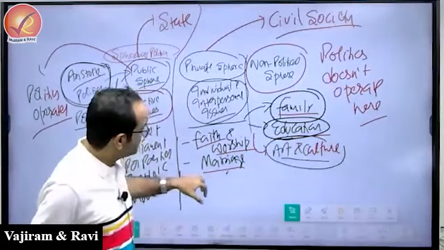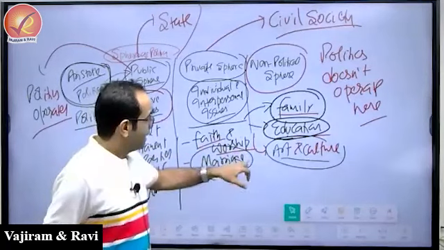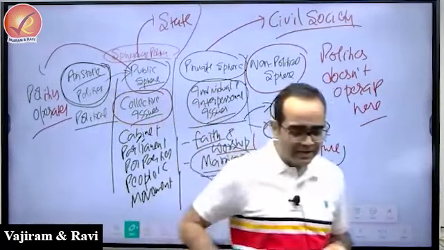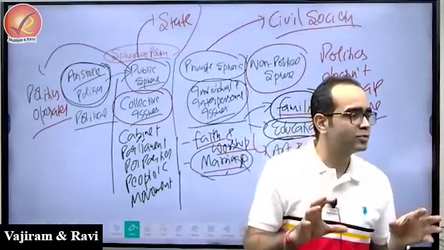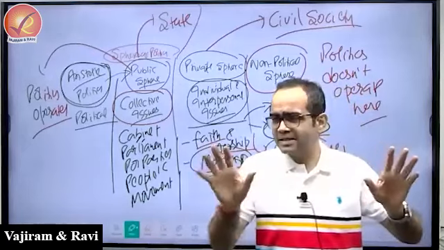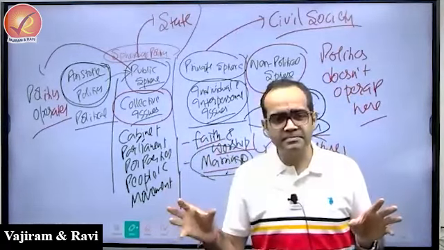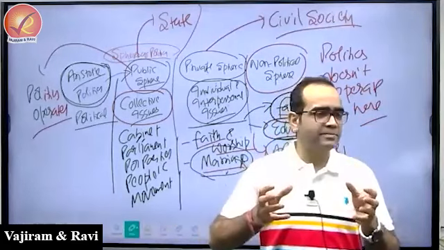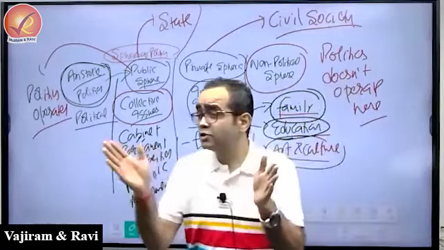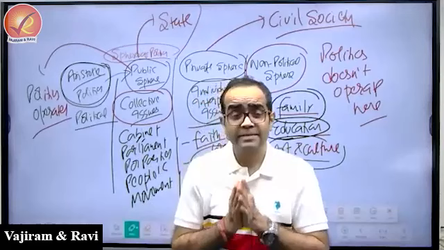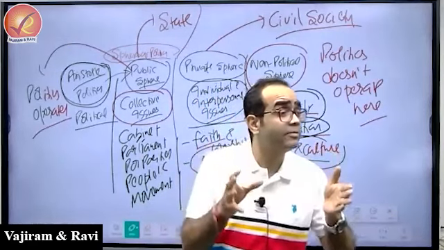So here marriage also, has the Indian government put an affidavit in Supreme Court that same-sex marriage cannot be legalized, because marriage means marriage between two heterosexual individuals. It's not a marriage between two same-sex individuals, whether male or female.